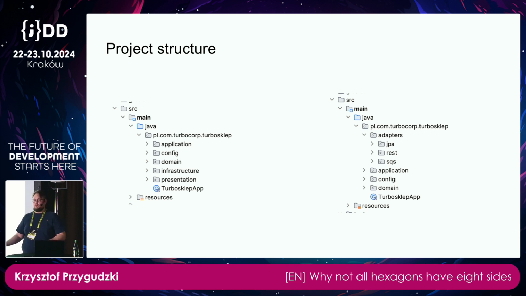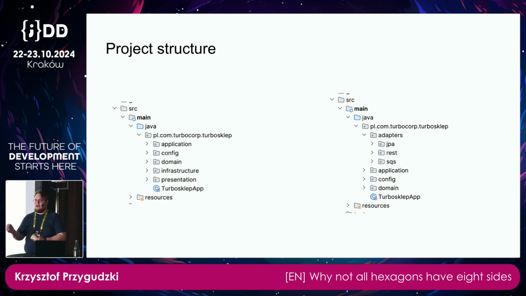Great. What else? We have also another aspect, which could be project structure, right? So to the left, you're probably all well familiar with this sort of project structure. So we have our application, domain, infrastructure, and presentation packages, right? So this is a classical structure of a layered architecture software project. And to the right, we have the equivalent, but structured based on the hexagonal architecture approach.